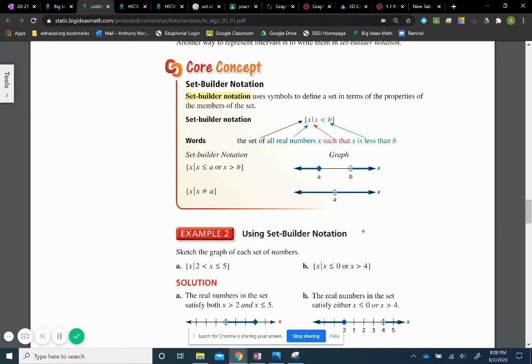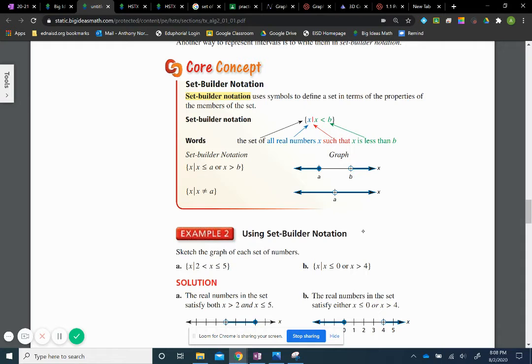Of all real numbers. So X represents all real numbers, which also means any real number, such that, this line means such that X, our numbers, are less than B. So for this graph, the set, curly brackets, of numbers such that those numbers are less than or equal to A, or those numbers are bigger than B. Not inclusive.